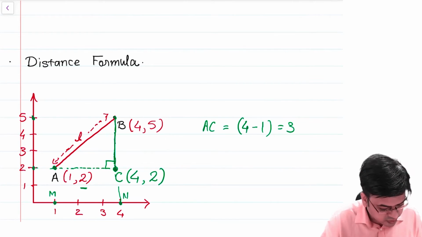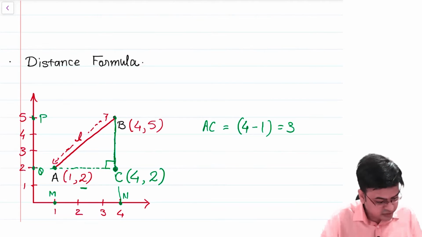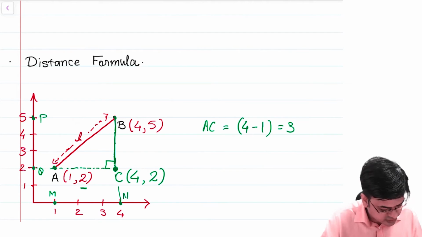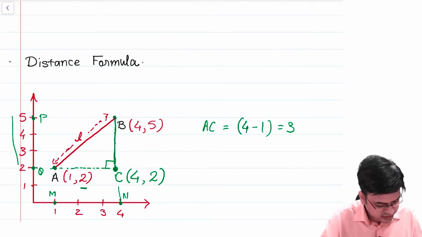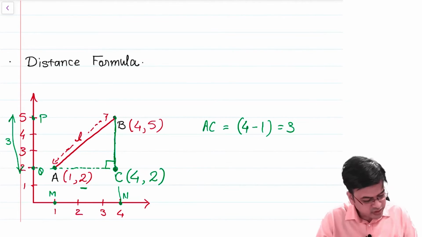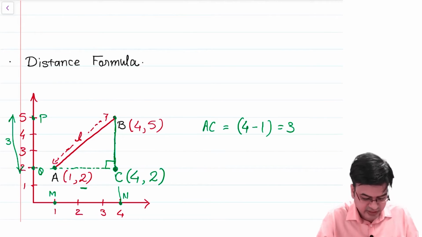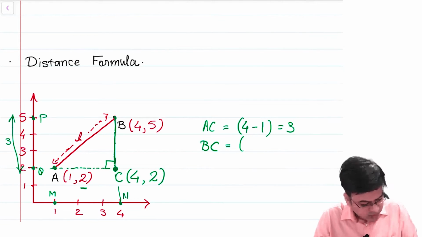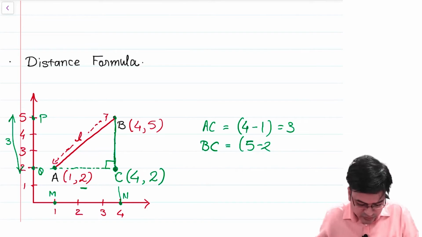Let us call these points P and Q, and the length of PQ is actually 5 minus 2, which is 3 units again, right? So this will be the length of BC as well. If this is clear, then my length of BC is again 5 minus 2, which will be equal to 3 units.